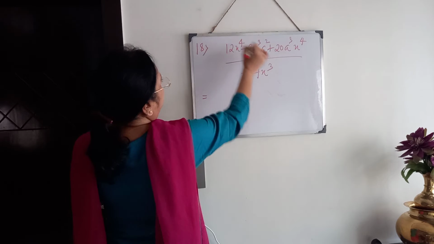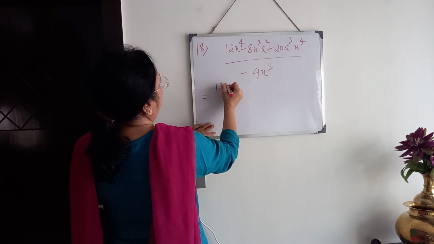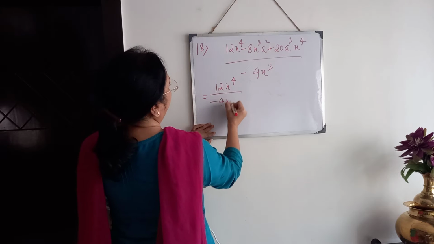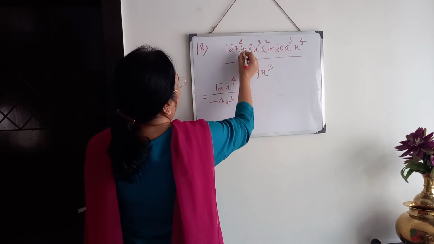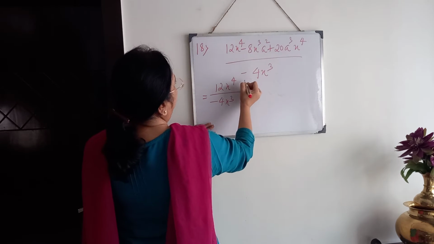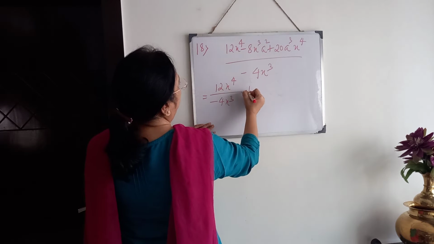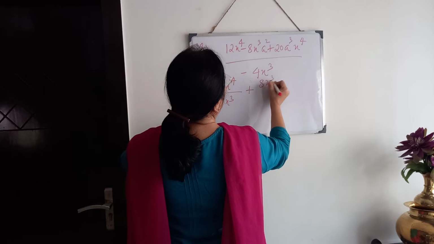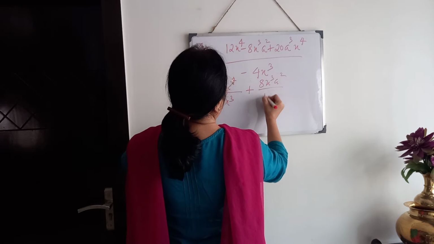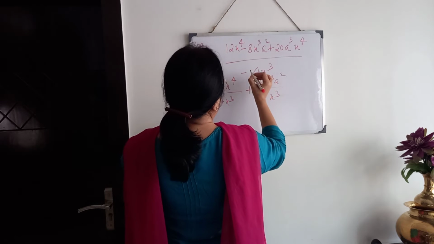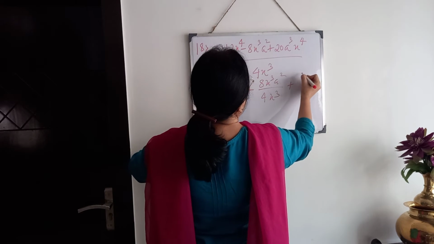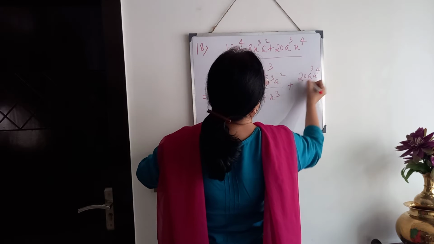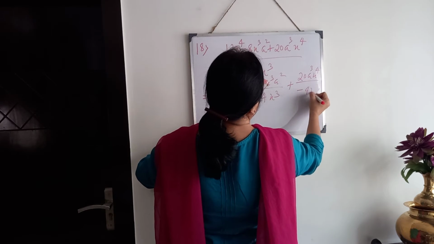Here we separate the terms. 12x to the power 4 by minus 4x cube. Similarly here minus plus. So we will write directly, we will write plus sign. And here 8x cube square by 4x cube. Plus here then 20a cube x to the power 4 by minus 4x.